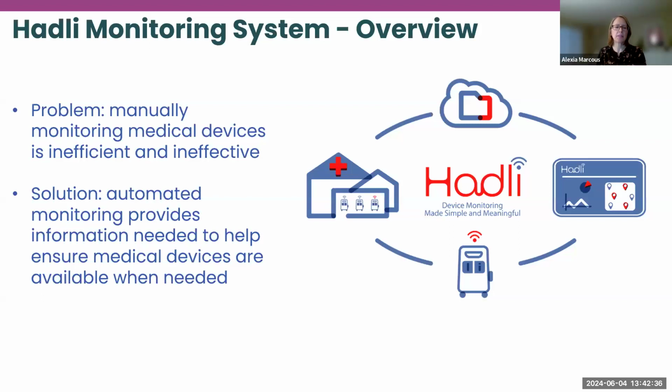And that's where Hadley comes in, where the electricity in the ward is automatically monitored. This provides the information needed to help ensure the medical devices are available when needed. But specifically, I want to focus on the accuracy that a system can achieve as opposed to a manual system, which also reduces the demands on resources at the facility, which could be targeted elsewhere. Next slide, please.